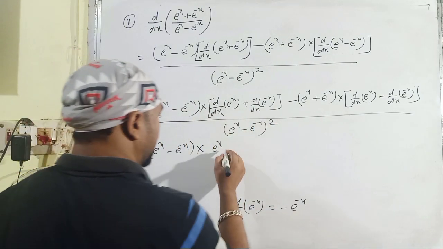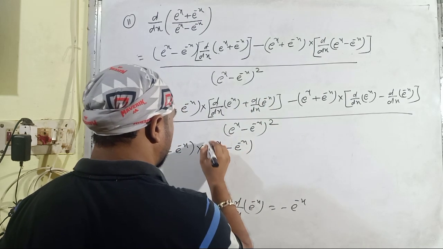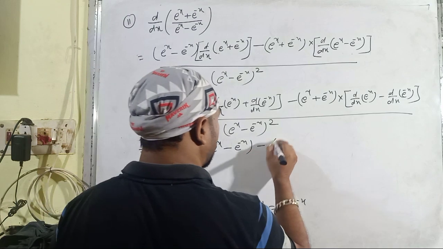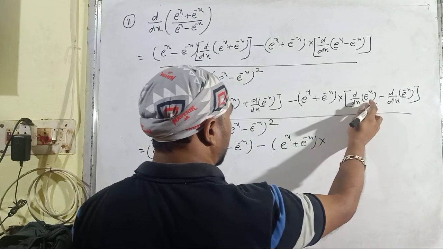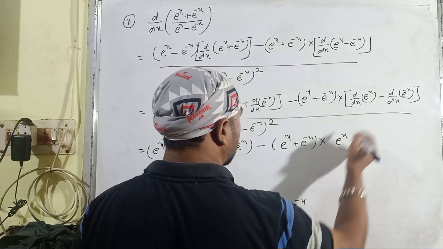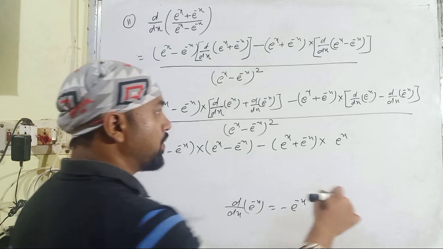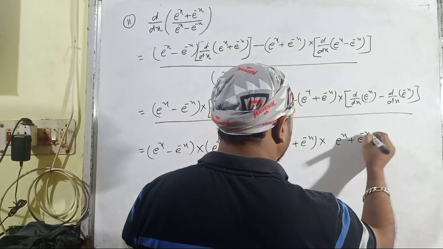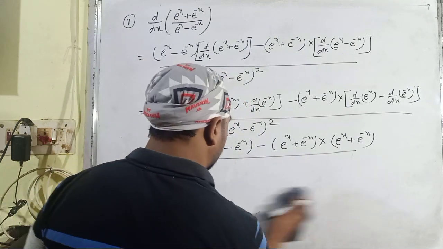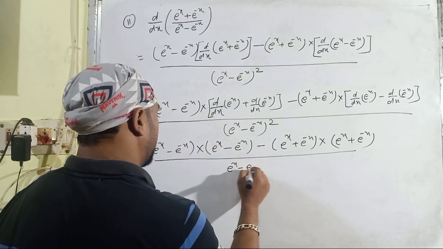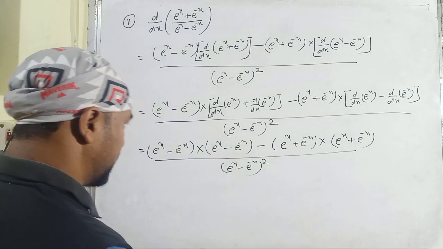So by applying here, it will be plus into minus, it will become minus e to the power minus x, minus e to the power x plus e to the power minus x multiplied with differentiation of e to the power x, it is e to the power x. Differentiation of e to the power minus x, it is minus e to the power minus x, so it will be plus e to the power minus x, whole divided by whole square of e to the power x minus e to the power minus x.